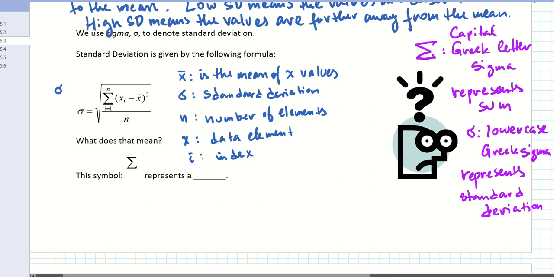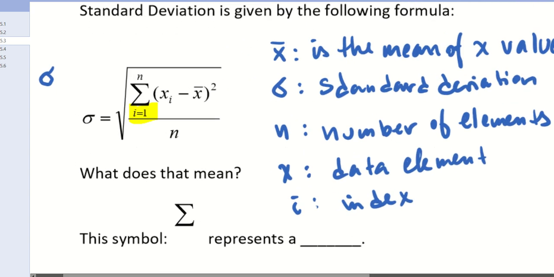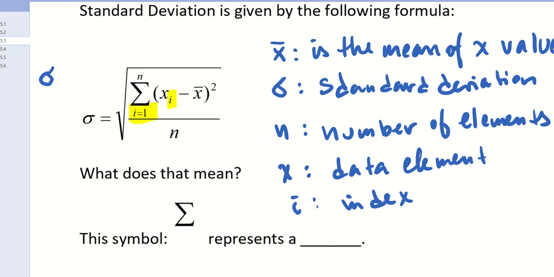So in this case, we're going to start with I starting from 1. Notice here it says I starts from 1. And then it will go up to here, right? So x1 minus x bar, x2 minus x bar, and so on. And then the n value again is going to be the highest value for the number of elements, which in our case is going to be 5. So n is going to be 5 in this equation.